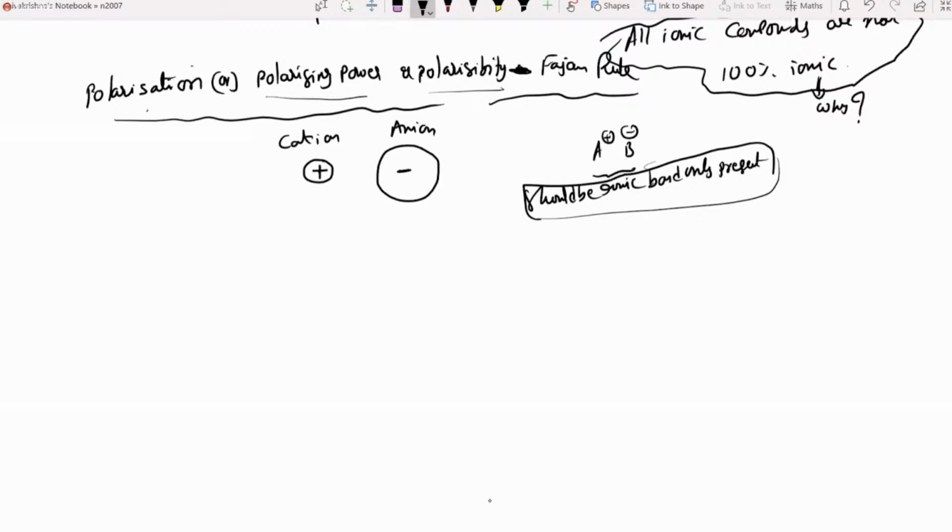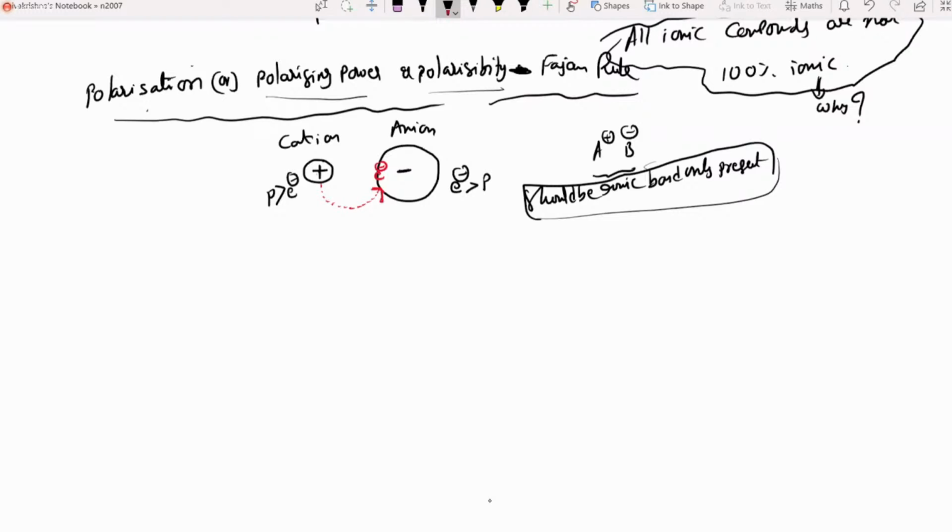Now, this cation and anion. In the cation, protons are greater than electrons. In the anion, electrons are greater than protons. The protons have more charge to attract the electrons, but the electrons are not easily attracted by protons, because here the proton number is less and the electron number is more. That is why this positive charge attracts the electrons of the adjacent anion.